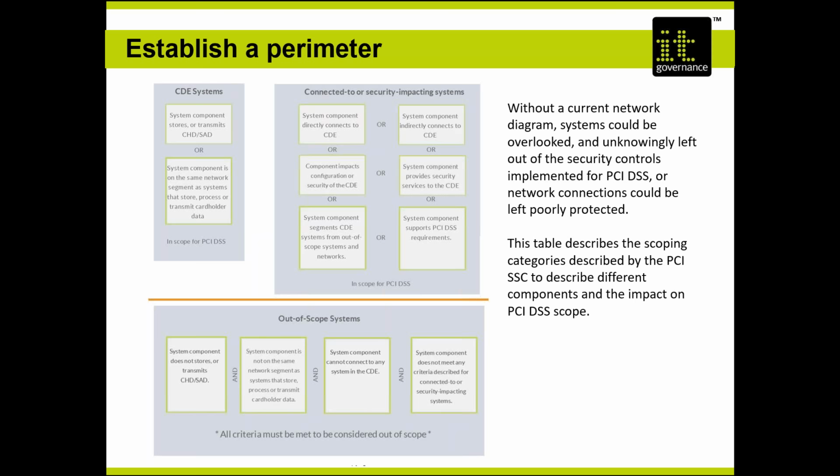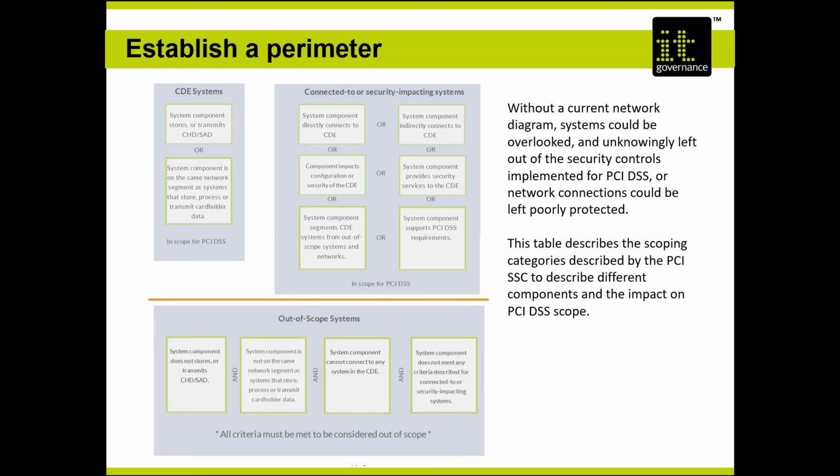Obviously, if it's a people process, then that doesn't make a huge amount of sense, but you're going to be able to follow that through and map it. And you're going to map it onto either the physical process, and if you're dealing with e-commerce or systems that are handling cardholder data, you're going to be talking to your IT departments because they're best placed to help you create the diagrams. And it should map out the entire IT infrastructure and any external connections.